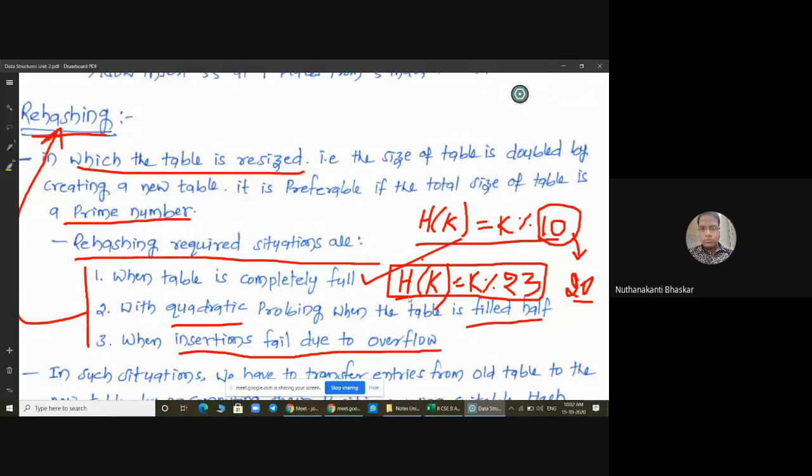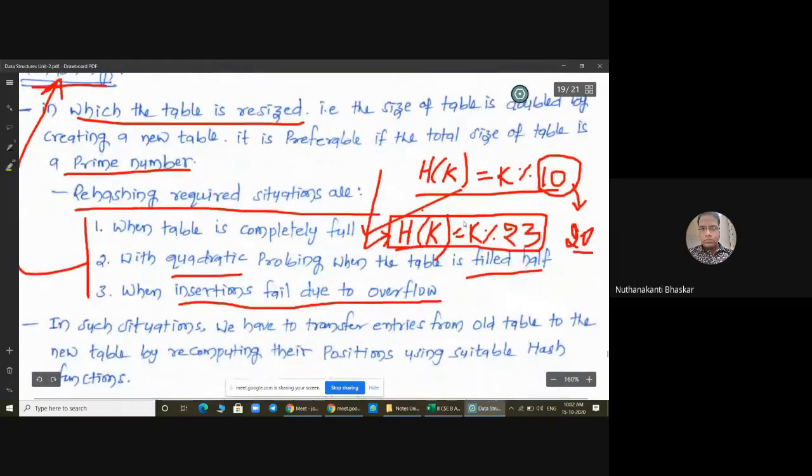Are you clear? Now again we have to hash, again we have to insert all the values using this particular hash function. Even after inserting, if in some situation you get any collision, then what should we do? Again we have to double it.